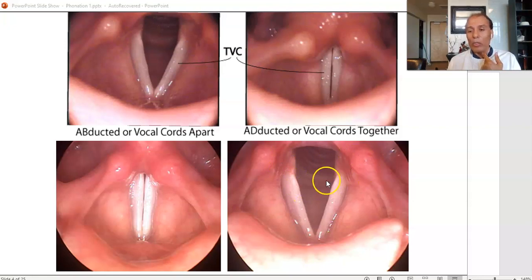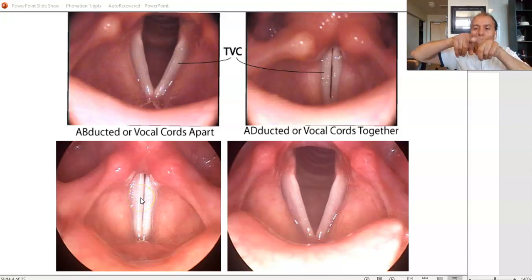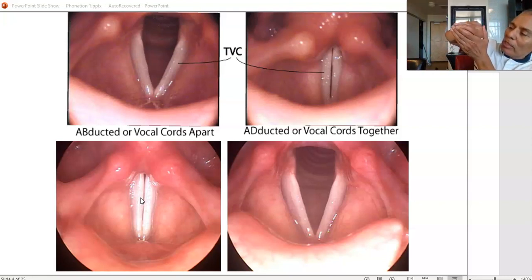When the arytenoids are rotated inward, they will bring the two vocal folds to the midline, and thus they close the vocal folds. And then the air will stream, because when you close the vocal folds, the air pressure will build up beneath them, and it will force the medial edges of the vocal folds away from the center.